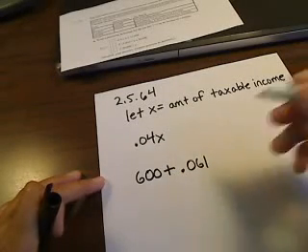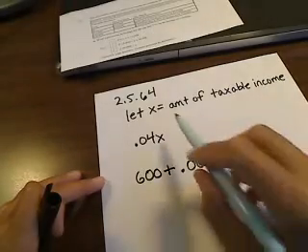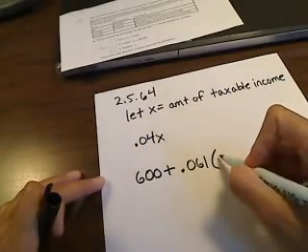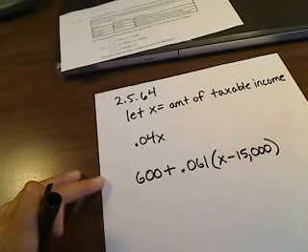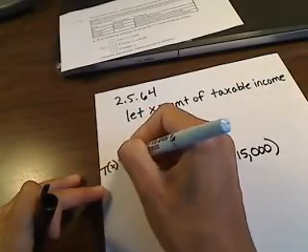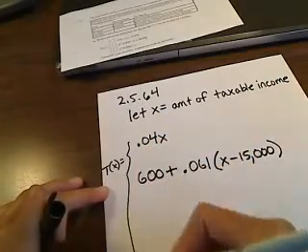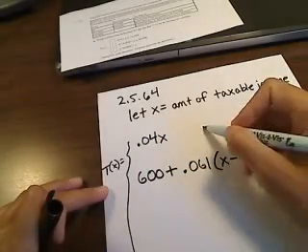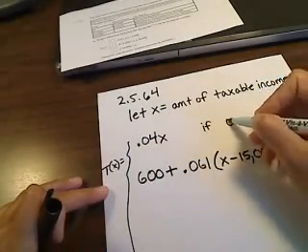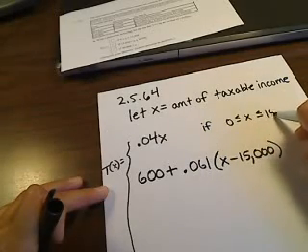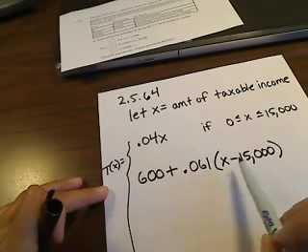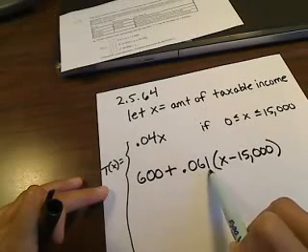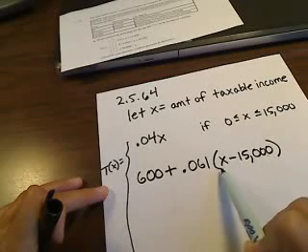For the excess over 15,000, if x is my amount of taxable income, I subtract off the 15,000. I could put here that t of x equals this stuff, just to be correct. What does this expression represent?